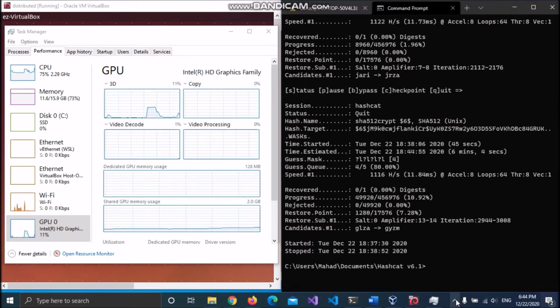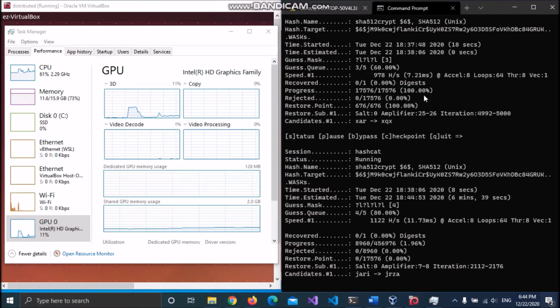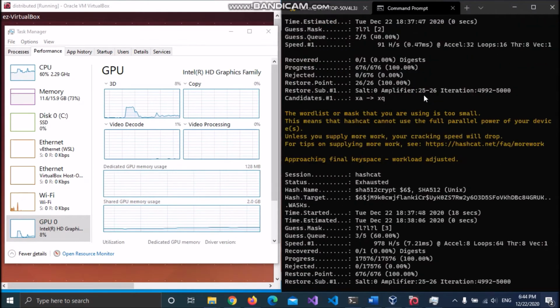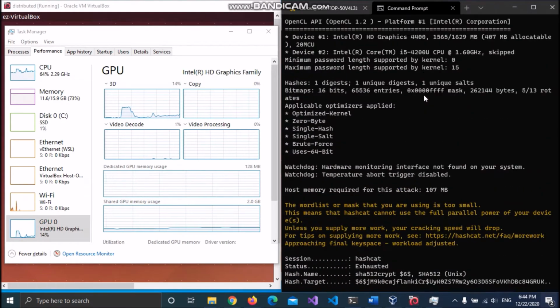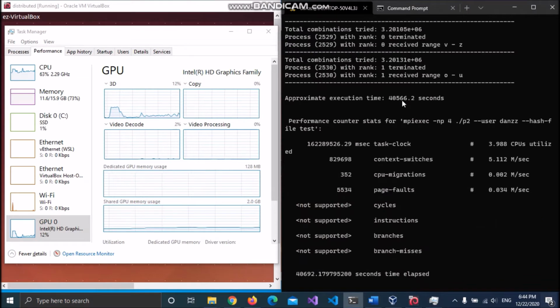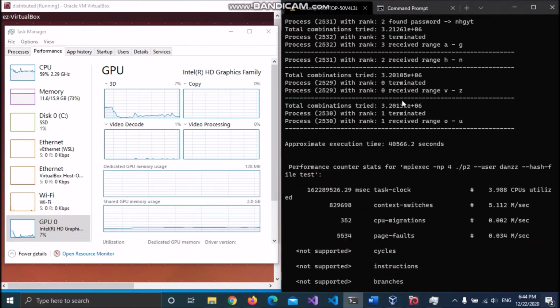One other thing I wanted to show here is the comparison between GPU and CPU. With Hashcat using the GPU, Hashcat managed to crack this string, which was 5 letters long, in under 2 hours. Now the same string, which I tried cracking with my own application, took almost 11 hours to crack.